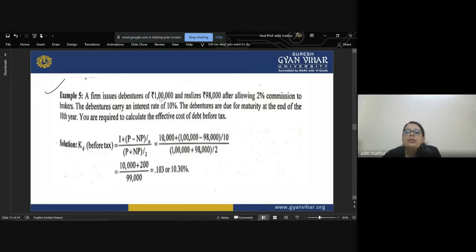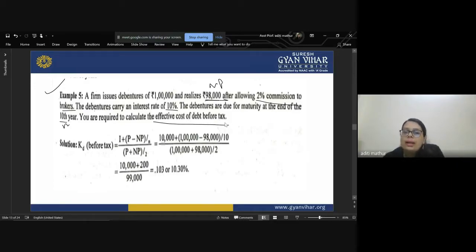A firm issues debentures of 1 lakh and realizes 98,000 after allowing 2% commission to brokerage. So this is what? This is your net proceed. A debenture may carry interest of 10%. Debentures are due for maturity at the end of 10th year. That means your N is 10. And you're required to calculate the effective cost of debentures before tax.